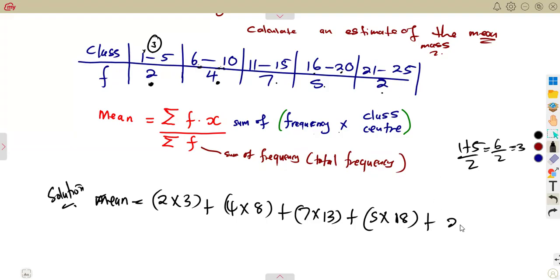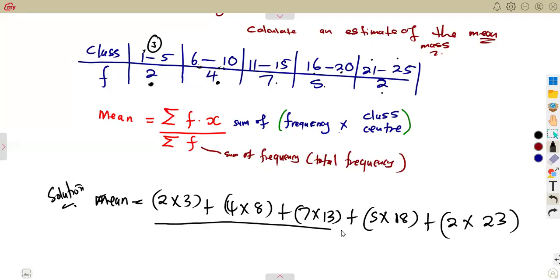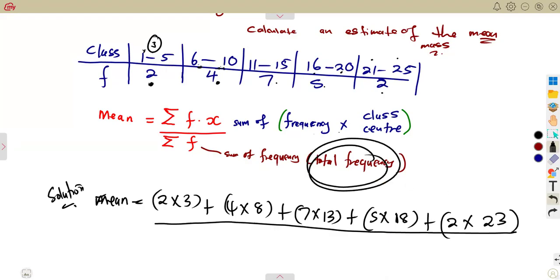The frequency is 2 times the class center from 21 to 25. That was going to give you a 23. You add 21 plus 25, and whatever you get here, you divide by 2. Lower class plus upper class, divide by 2. Whatever you're going to obtain there must be divided by the total frequency, the sum of the frequencies.